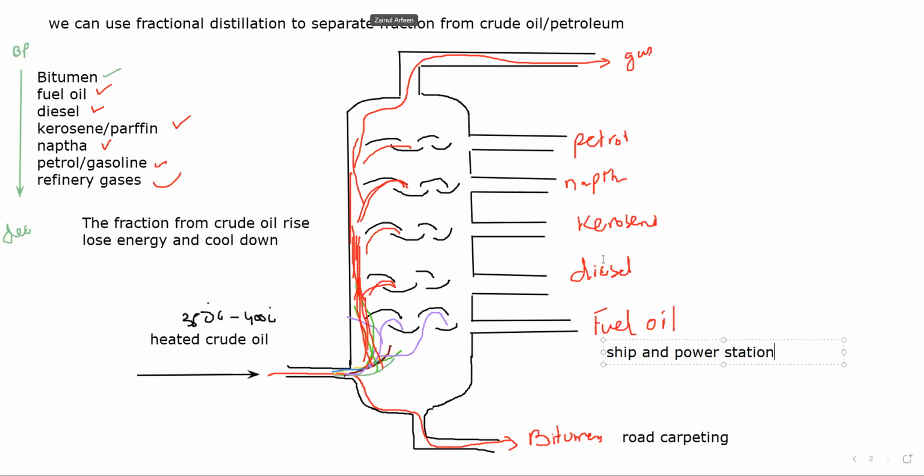There is also a machine oil. Diesel is there. It is used for buses and trucks. Kerosene or paraffin is used as a jet fuel for aircraft.